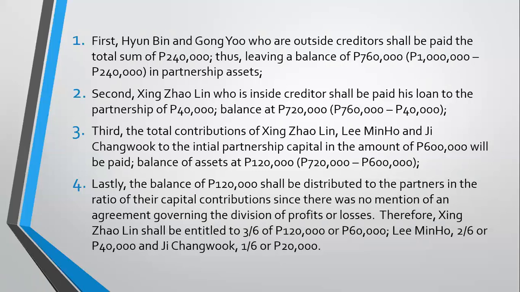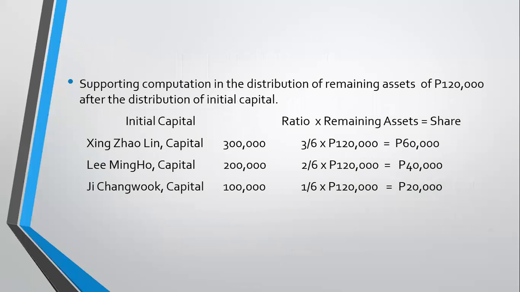And therefore, Sing Shaolin shall be entitled to 3/6 of 120,000 or 60,000. While Li Minho, that is 2/6 or 40,000. And Ji Changwo, that is 1/6 or 20,000.